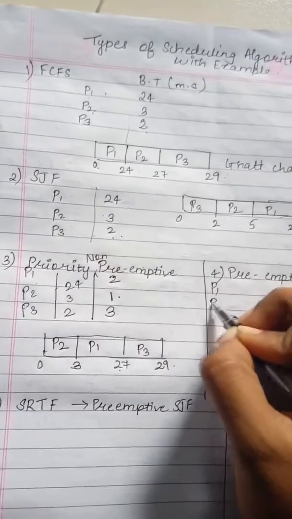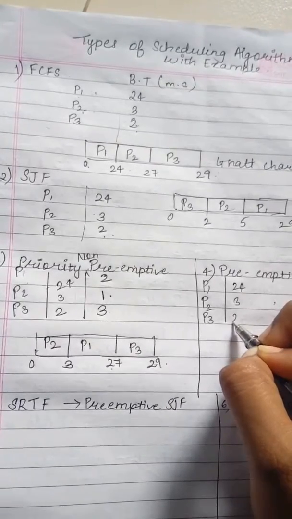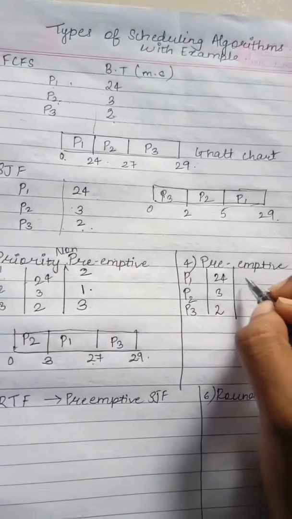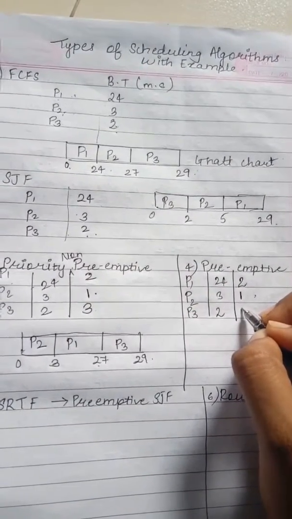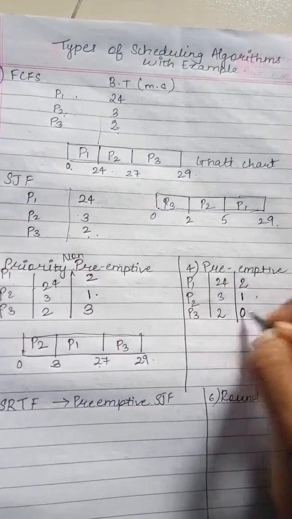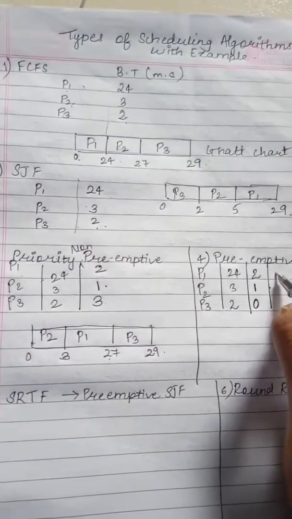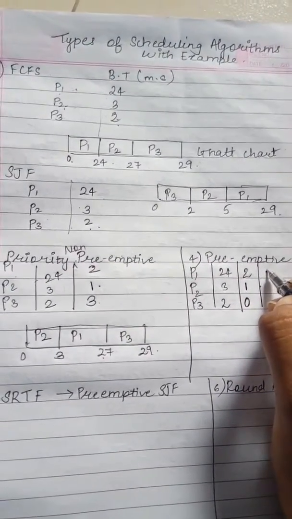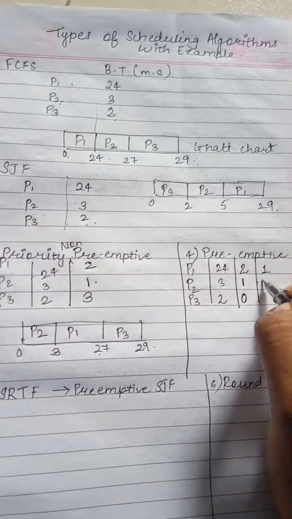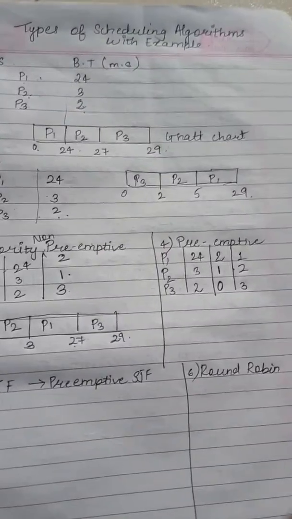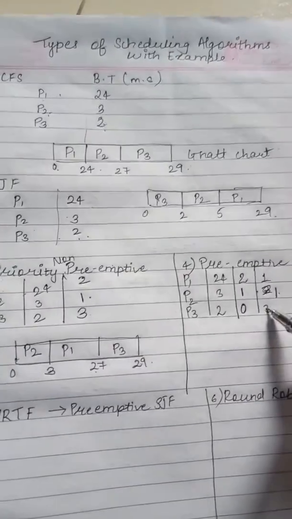Same example: P1, P2, P3 with burst times 24, 3, 2 with the priority 2, 1, and suppose 0, and suppose the arrival time of P1 is 0, P2 is 1, and P3 is 3.